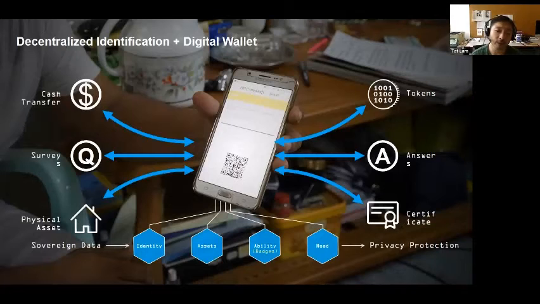From the perspective of the beneficiaries, it's not just about identifying themselves to the social worker or social service agency, but also becoming a tool through which they can contribute data. They can create community currencies among their own community. They can claim their identity, their assets, their abilities, and also their needs.